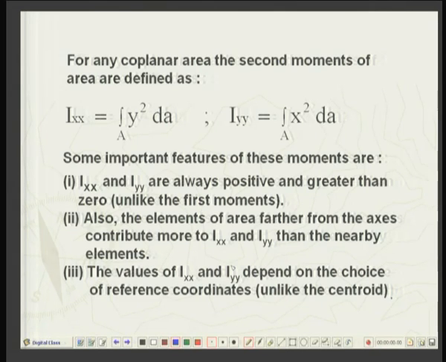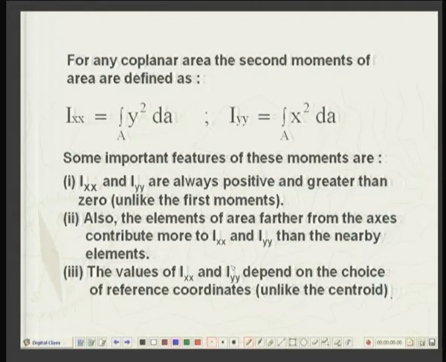And the third is that the values of Ixx and Iyy are very sensitive to the choice of the reference coordinates. You recall something from the first moments. There we showed that whether the coordinates have been rotated or translated to another point, the location of the centroid was unchanged, although the numbers may be different.